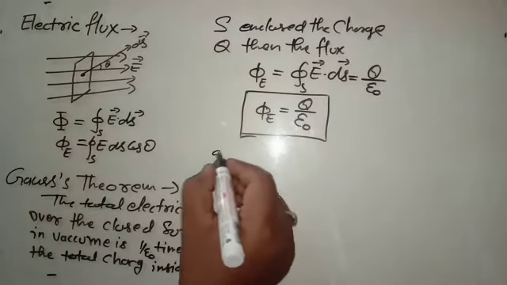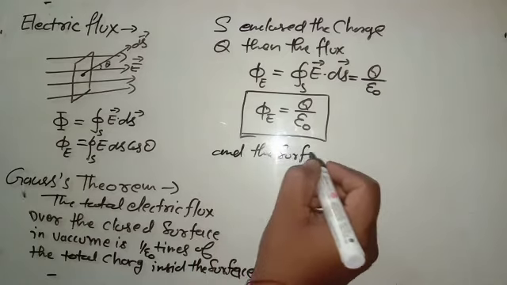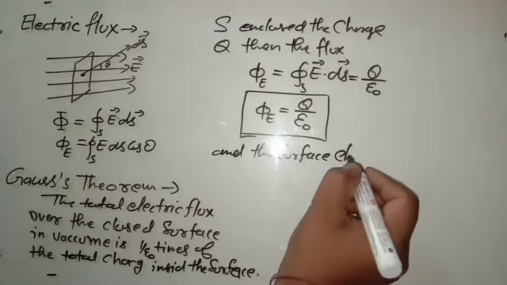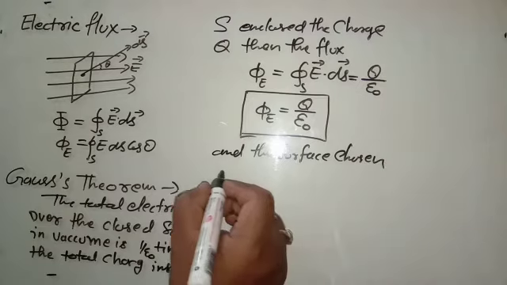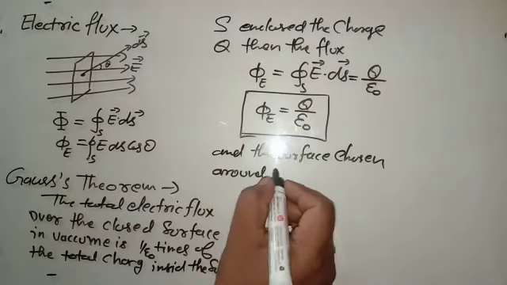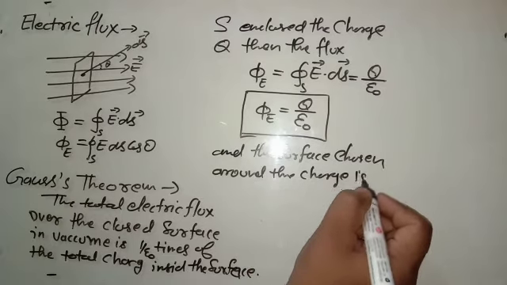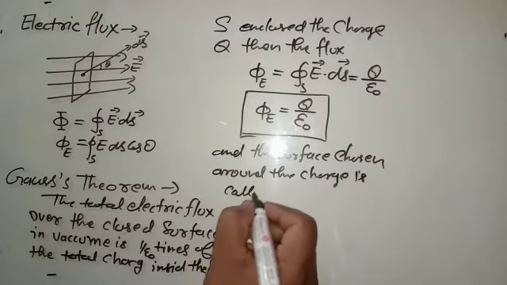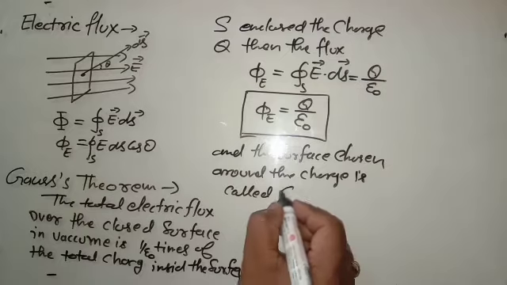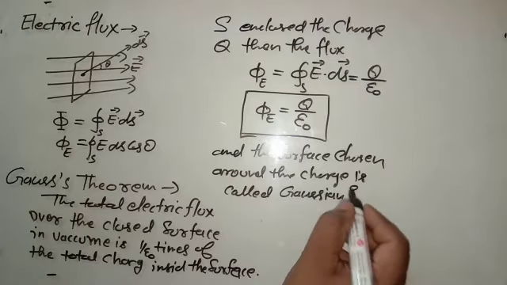And the surface chosen around the charge is called the Gaussian surface.